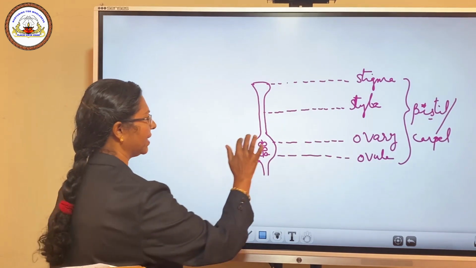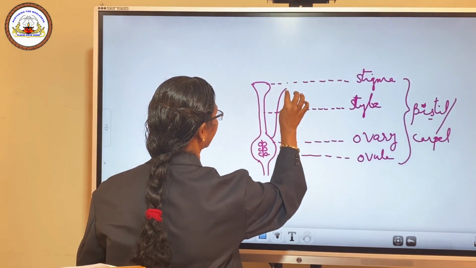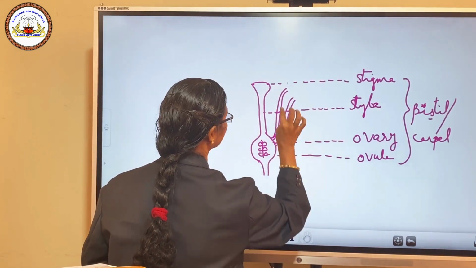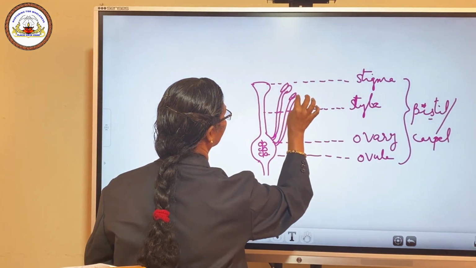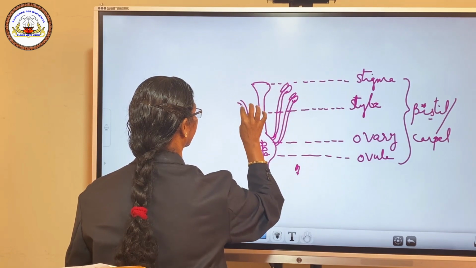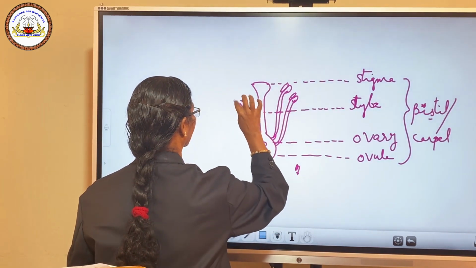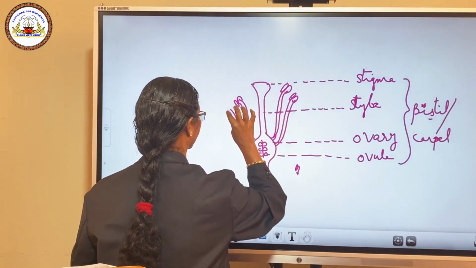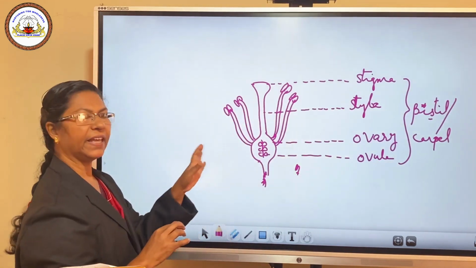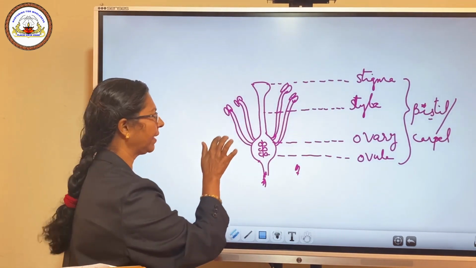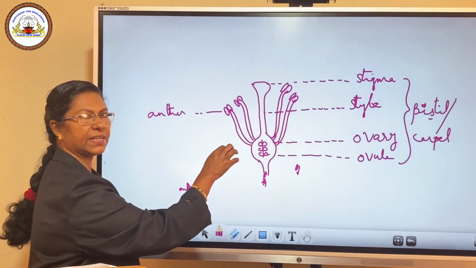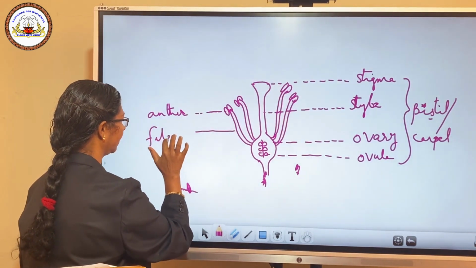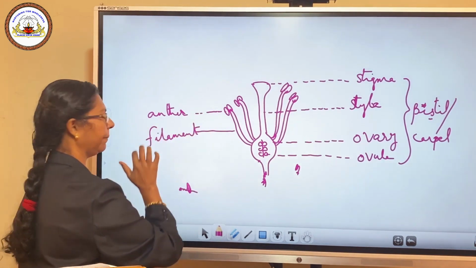On this flower, you can see a portion like this. This is the stamen, which contains anther and filament.